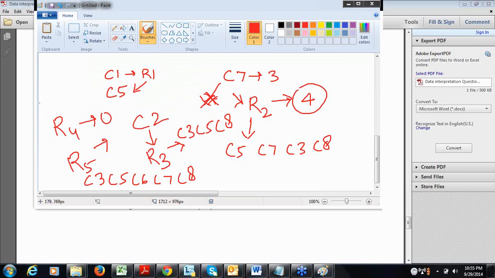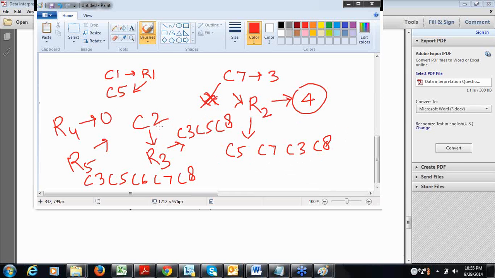Got it everybody? Now let me go to region R2. In R2, C7 is selling. If C7 is selling, then 3 more will sell. Who will be those 3? C3, C5 and C8. So region R2 will have 4 members.